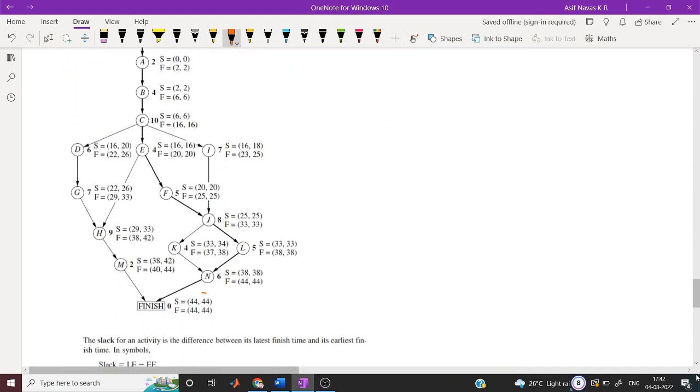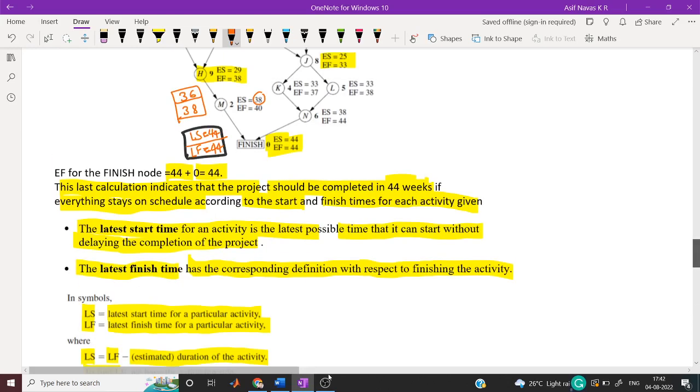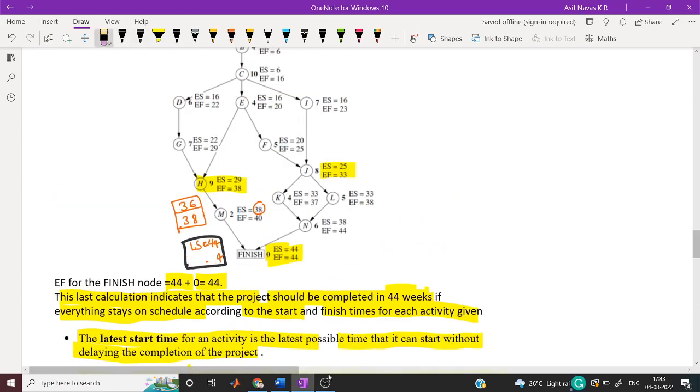Sorry, I made a mistake. What we did here: LS is 44, LF is 44.